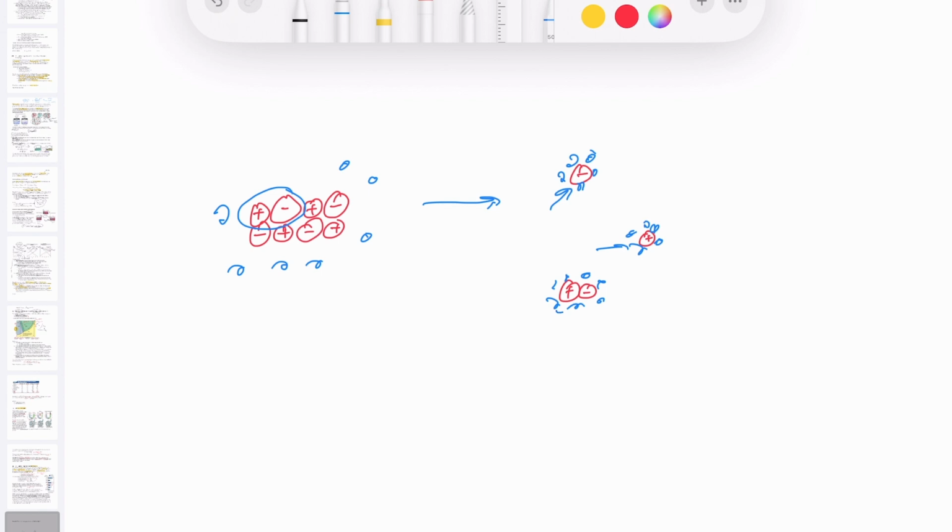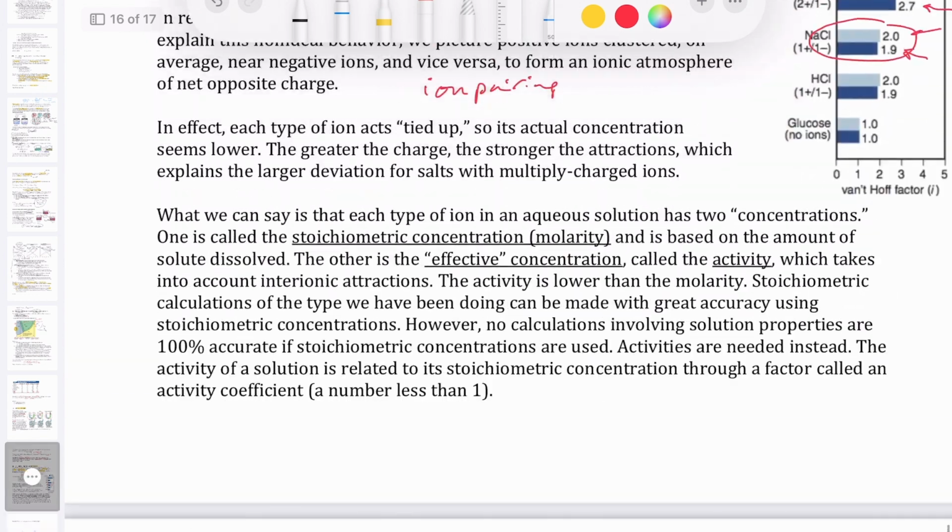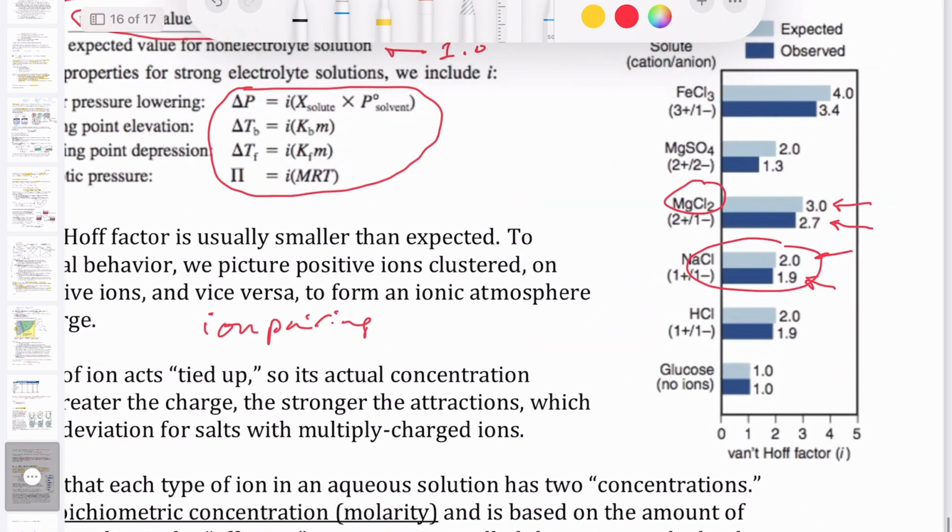Some of them are still stuck together, so the number of particles actually produced will be a little less than 2. You see some of them split up completely, some of them are still paired up together, okay? And that's why those numbers that you see here are not exactly matching the theoretical expectation.